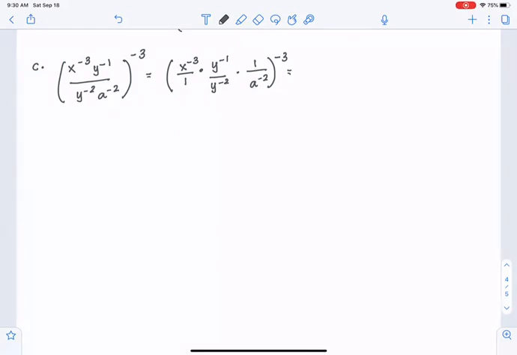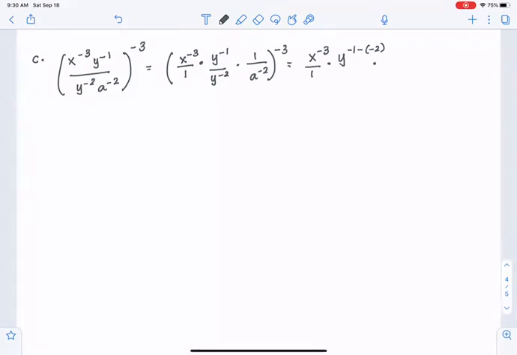So going to have x raised -3 over 1, y raised -1 divided by y raised -2, numerator minus of minus denominator power. I can move.